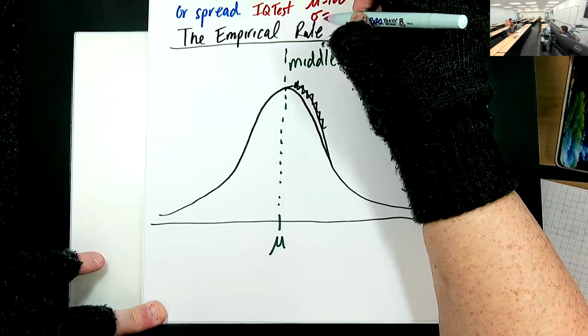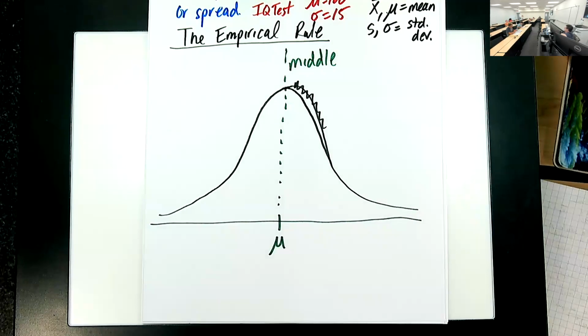The standard deviation is 15 for the population. I will give you the website where you can go do this. This is like the official, like the first IQ test. Some people don't like it because it's really like how quick are you with quantitative numbers and how quickly can you read and interpret.